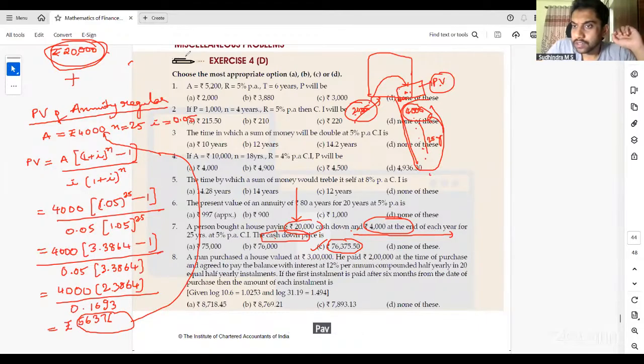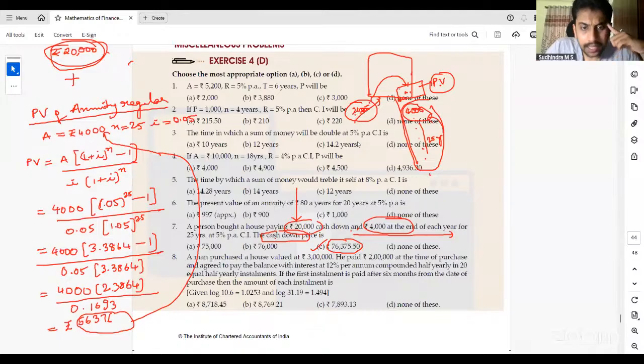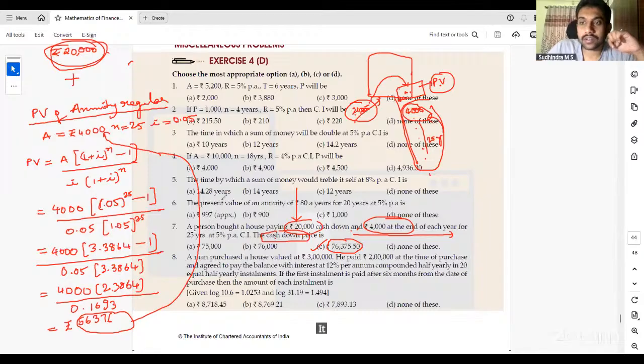Pavan, correct. Yes, who's that? So the future value will be 1,12,000. In this question, again, Kushal, should we apply future value here? The answer is no. It's present value.